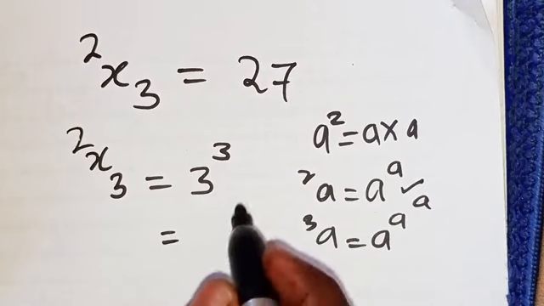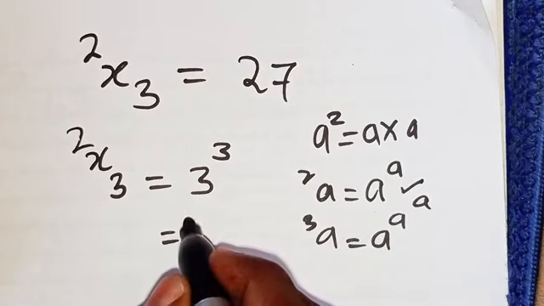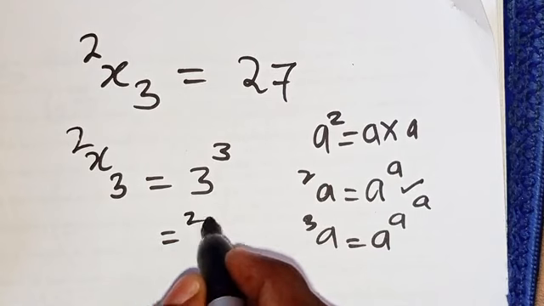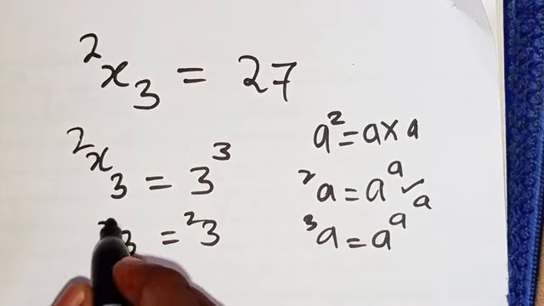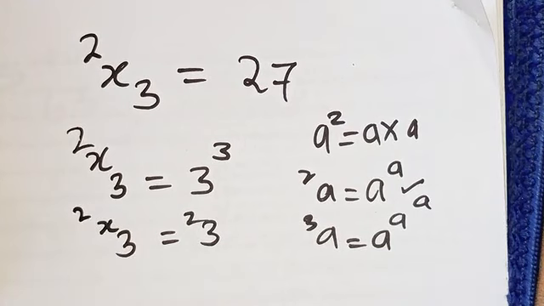Writing 3 raised to power 3 in tetration form, we have 3 tetration 2, right? Then we have 3 tetration x tetration 2. Do you understand? From there we can see that we have the same base, 3 here and 3 here. So this implies that x tetration 2 equals 2. Do you understand now?